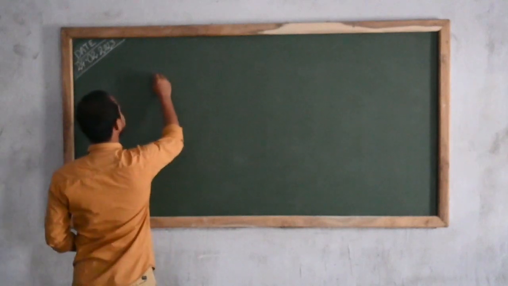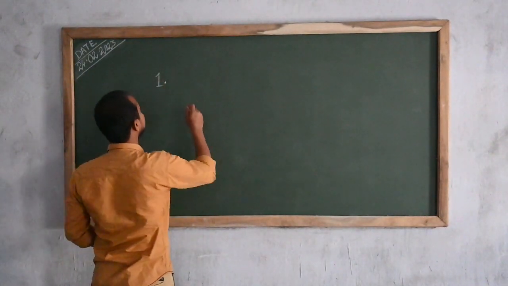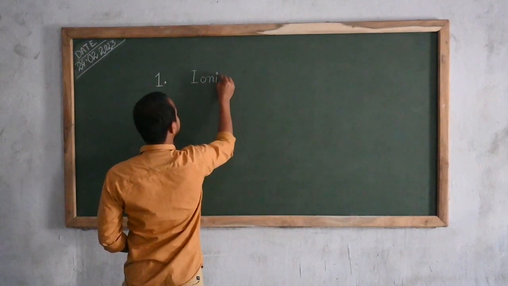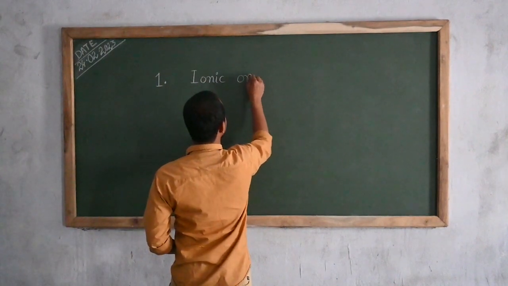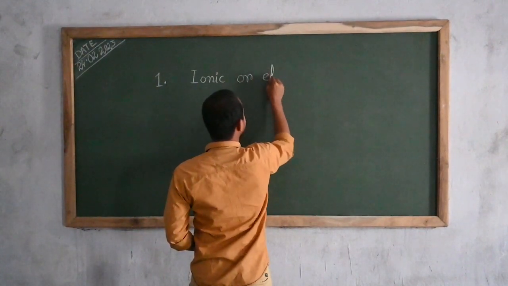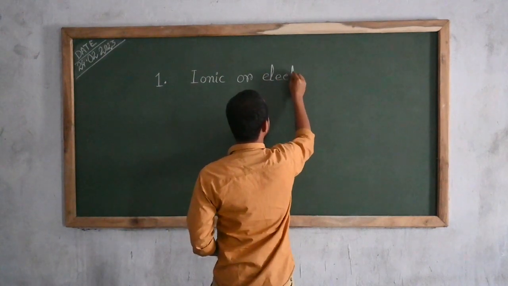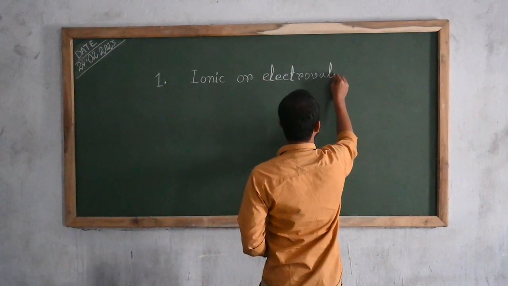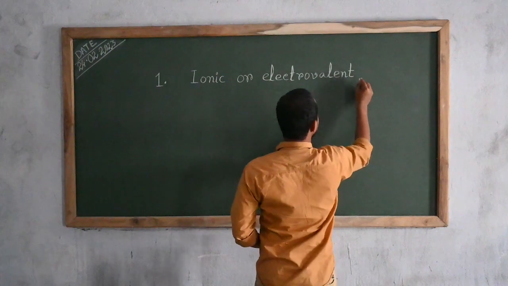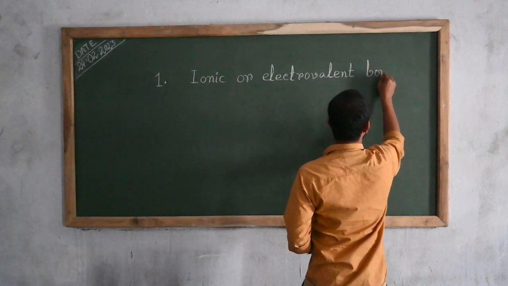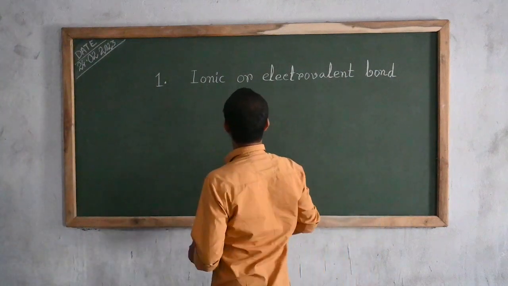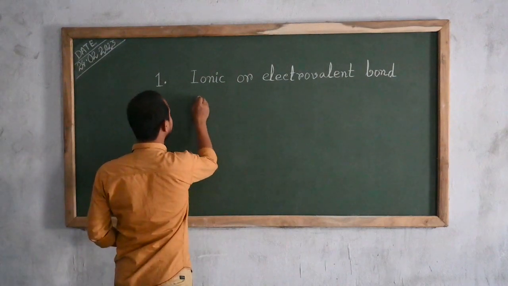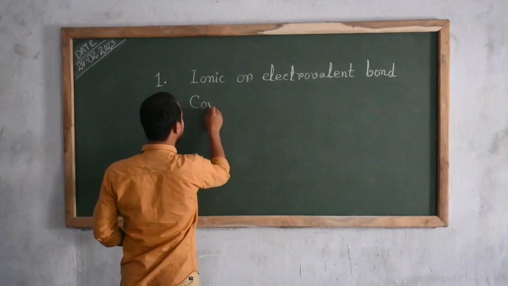Number one, ionic or electrovalent bond. Number two, covalent bond.